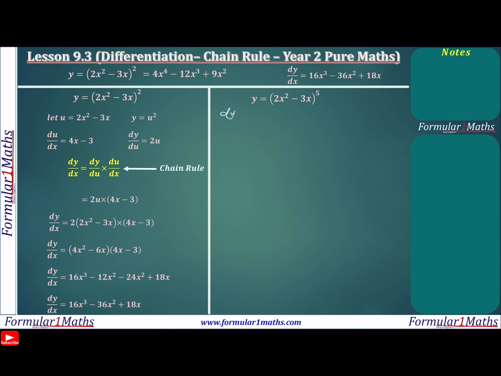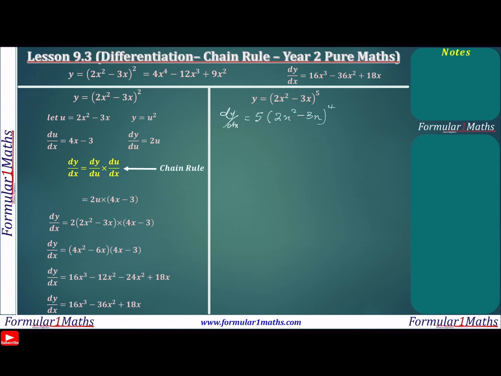So dy/dx will be given by, I'll bring down 5 to multiply the function and reduce the power by 1. So I have 5 times (2x squared minus 3x) to the power 4.